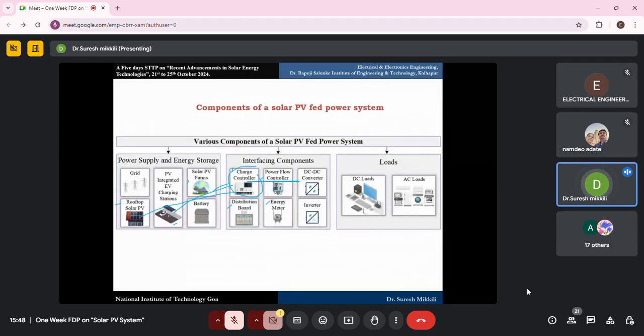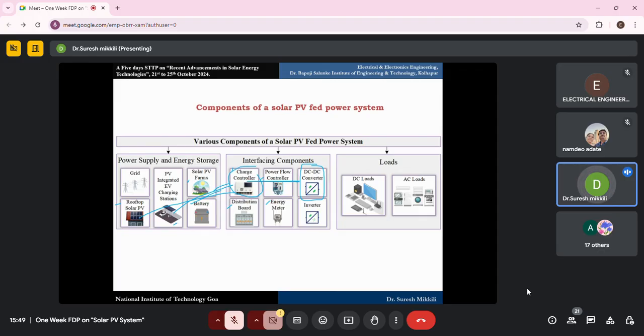Here you can observe one more thing. We are generating DC power, and the charge controller is regulating the DC power supply, but here your DC-DC converter is there. What is a DC-DC converter?